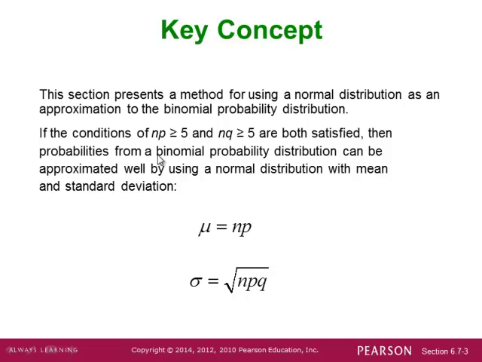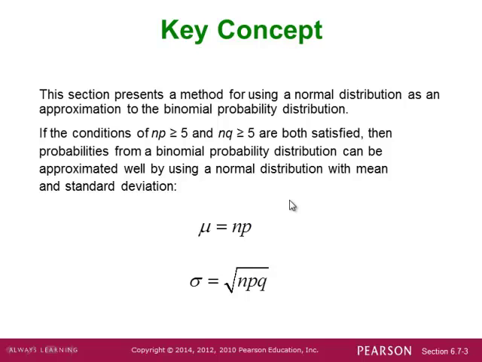Then the probabilities for a binomial probability distribution can be approximated pretty well by using a normal distribution with the mean and standard deviation of, so we will let the mean of the normal distribution be equal to n times p, which shouldn't be surprising.